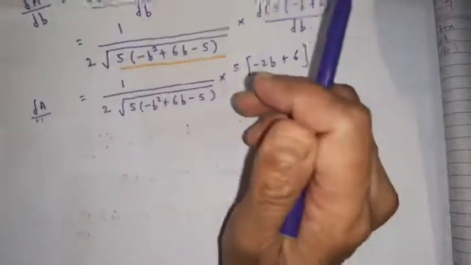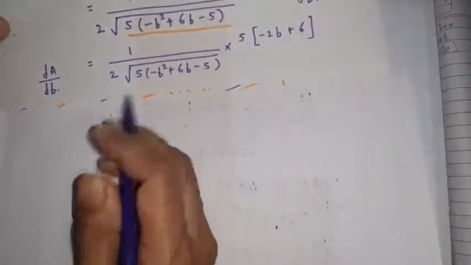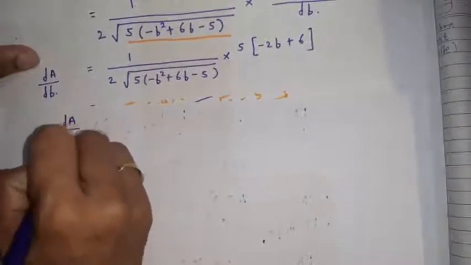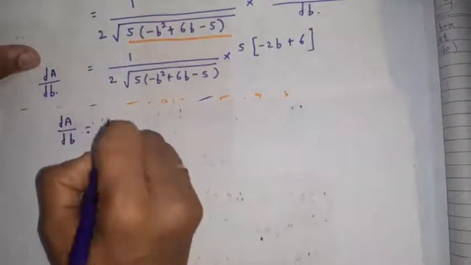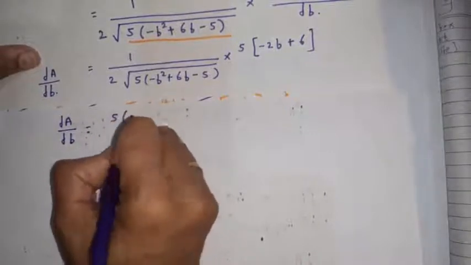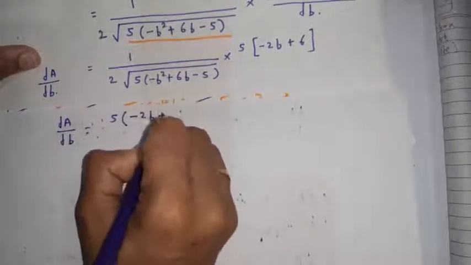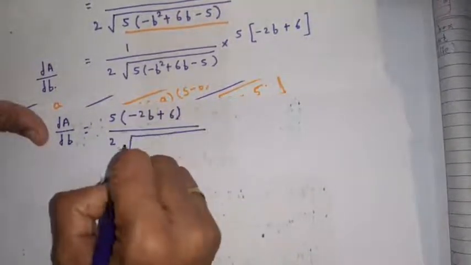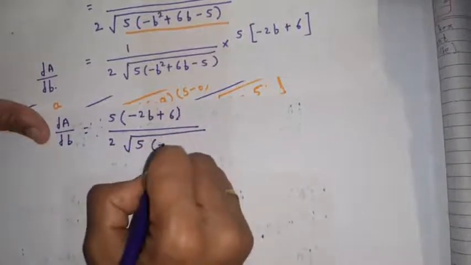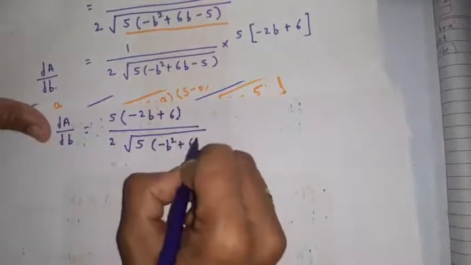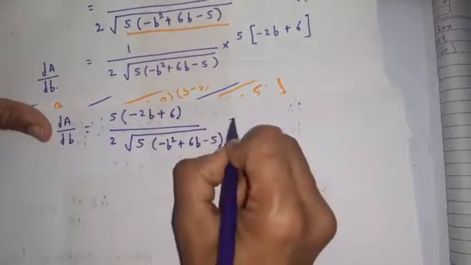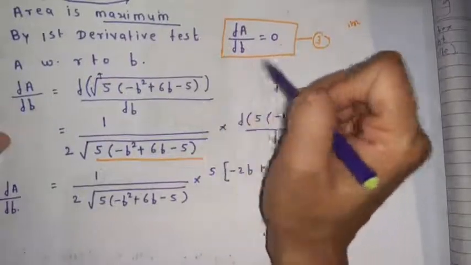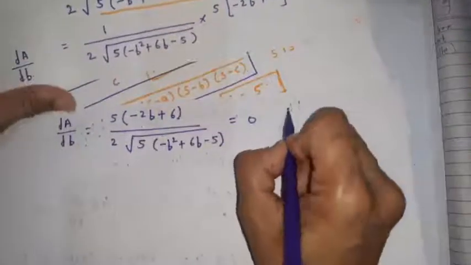Apply this condition, that is dA upon dB equal to 5 into minus 2b plus 6 upon 2 into root 5 into minus b square plus 6b minus 5, and that is equal to 0, from 3.